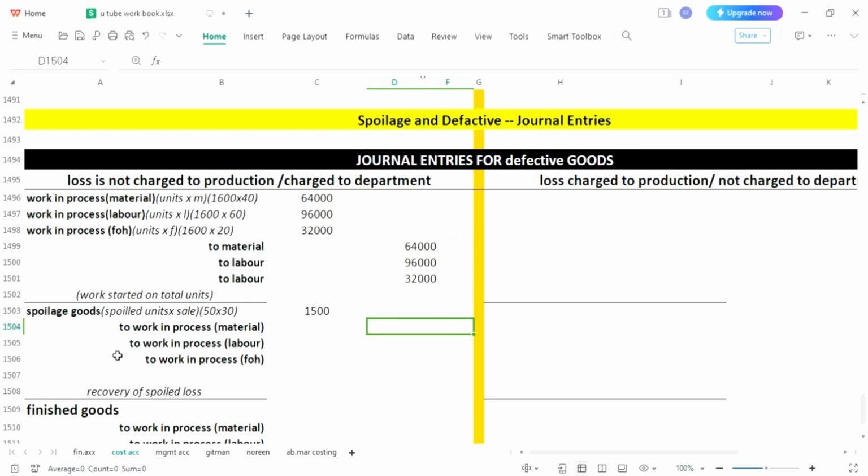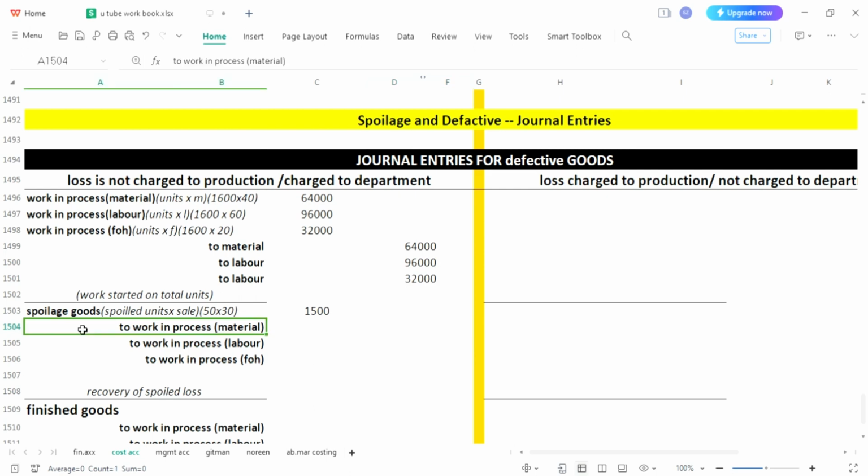I would like to write over here, only amounts can be written. So you need to have amount 1500. Please do understand, it would be multiplied by individual cost, 64,000, and you need to divide it by total.